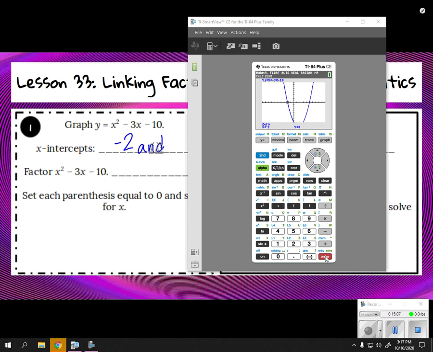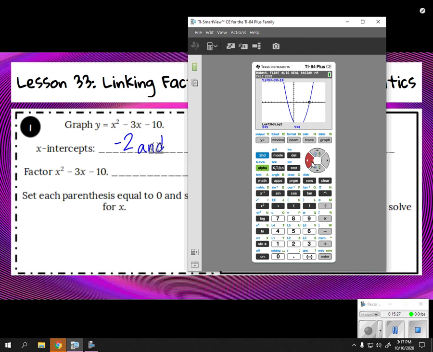All right, so now I'm going to do second trace. I need 0. And then I need to be left of this right point, the rightmost 0. So I'm going to hit right. Okay, right about here, there's my intercept.